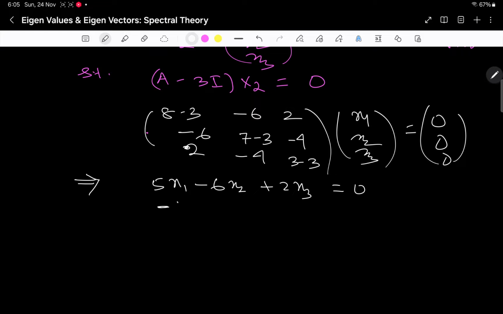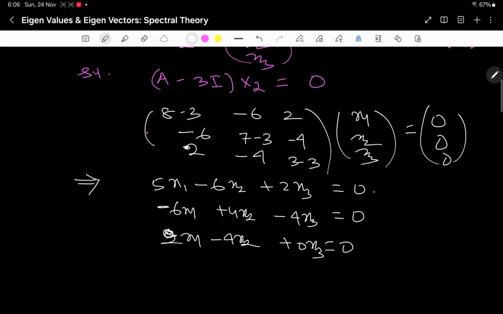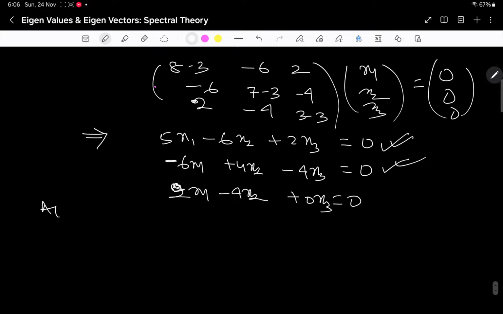Then minus 6x1 plus 4x2 minus 4x3 equal to 0, and the last row is 2x1 minus 4x2 plus 0x3 equal to 0. Similarly, I am considering these two and applying cross multiplication to the first two equations.